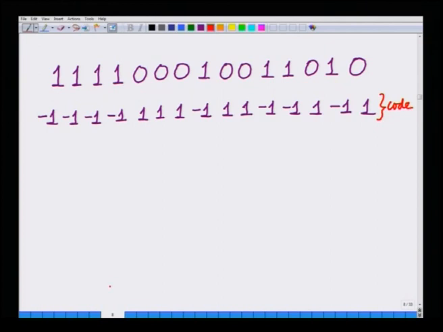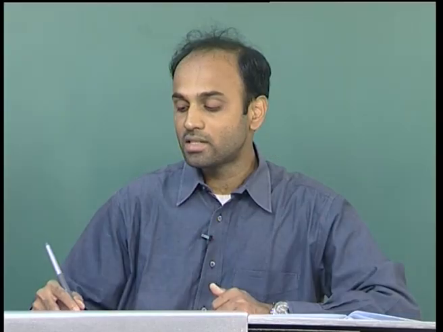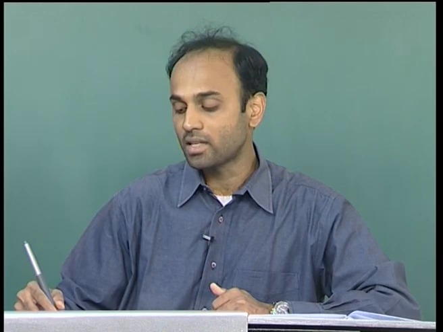Let us count the number of ones and minus ones in this code. The number of minus ones is 1, 2, 3, 4, 5, 6, 7, 8. So, there are 8 minus ones in this code, and the number of ones is therefore 15 minus 8 is 7.